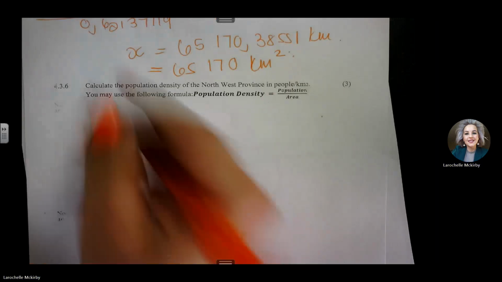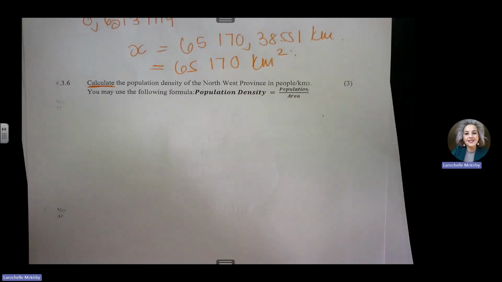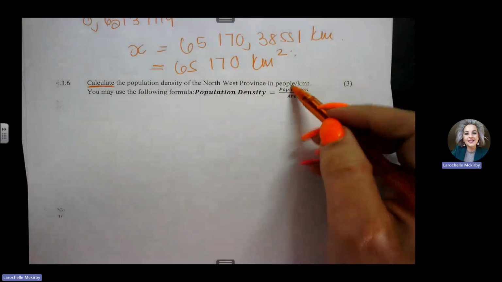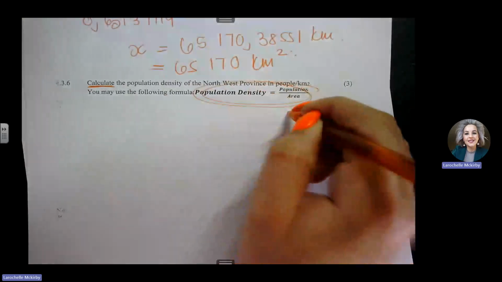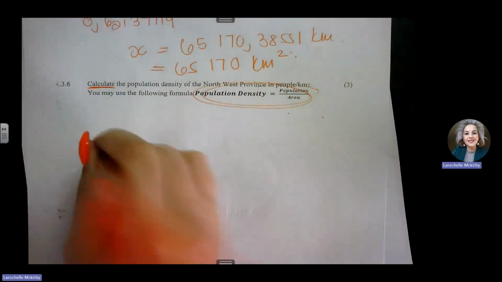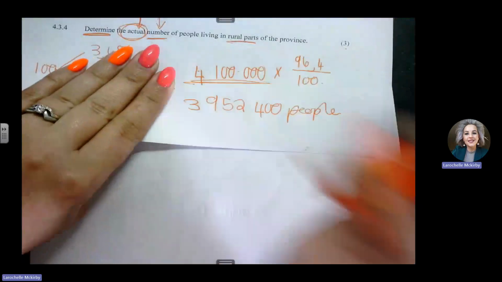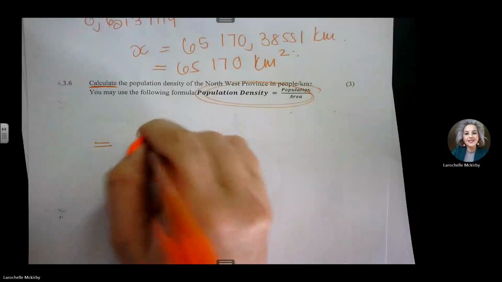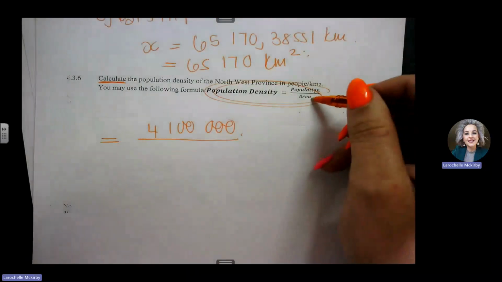4.3.6. Calculate the population density of the Northwest Province in people per square kilometer. You may use the following formula. So the population density is calculated by the population divided by the area. The population is 4,100,000 divided by the area.